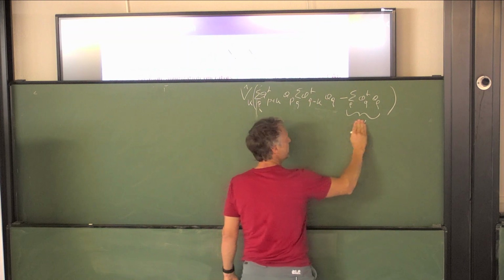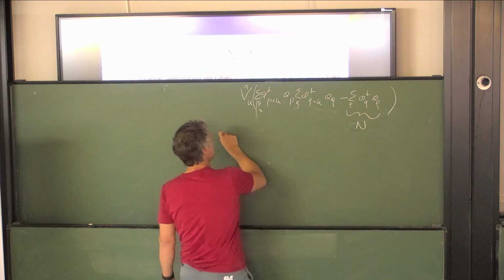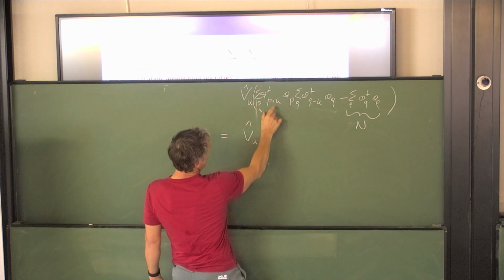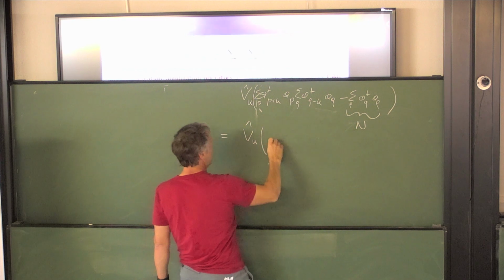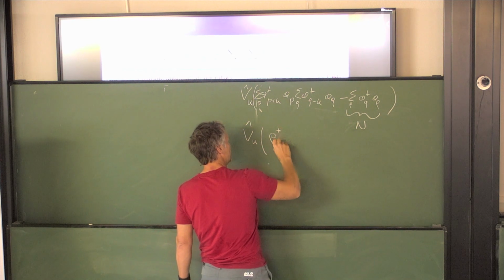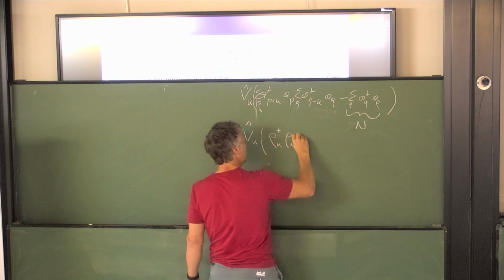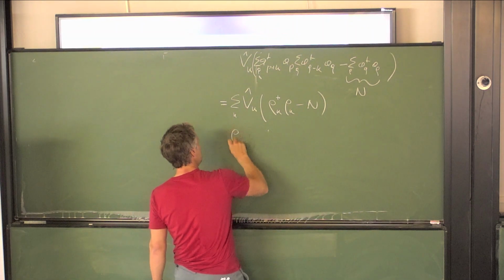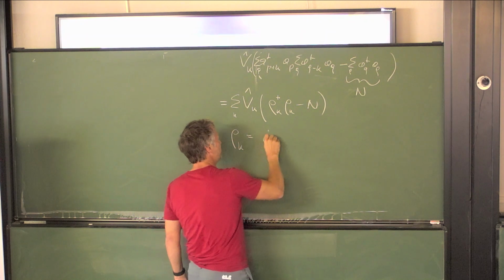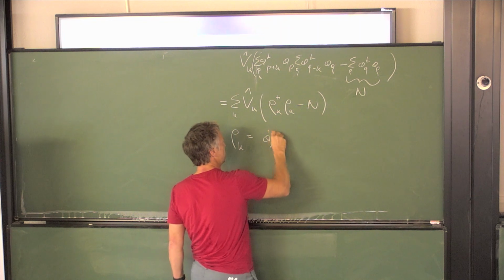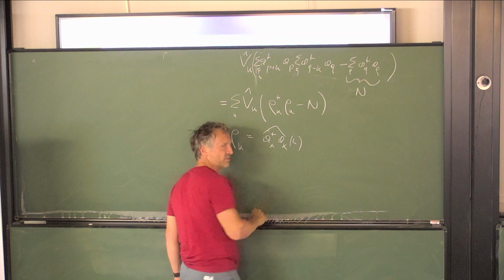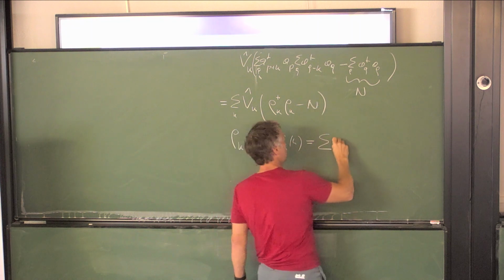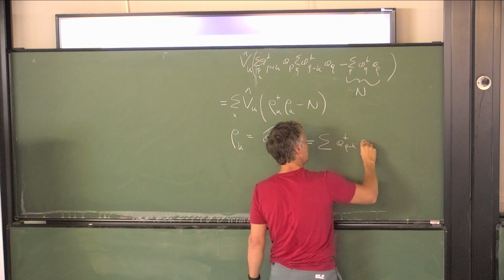Since we fixed the number of particles, you can say this is basically N. And what you get is V hat K. Now this part here, which you sum over P, depending on K, you can denote as the density rho of K minus N, and sum over K. So this rho K, if you would do it in x space, is basically the Fourier transform, in a formal way.